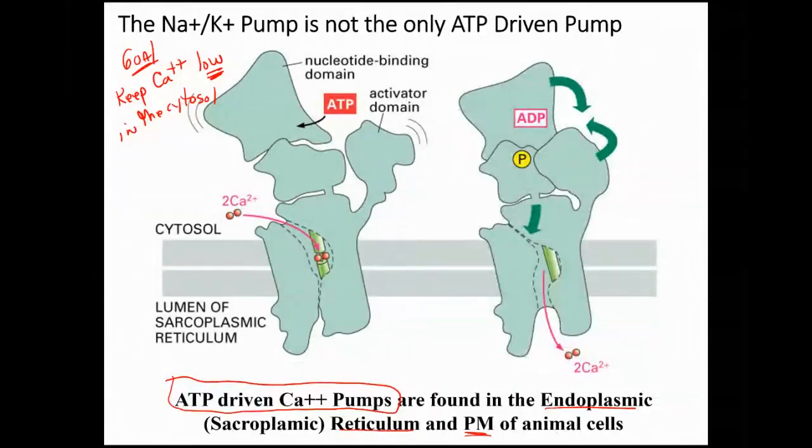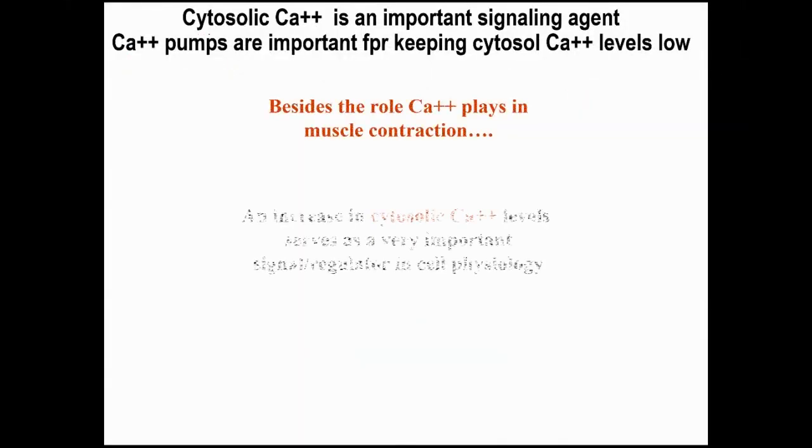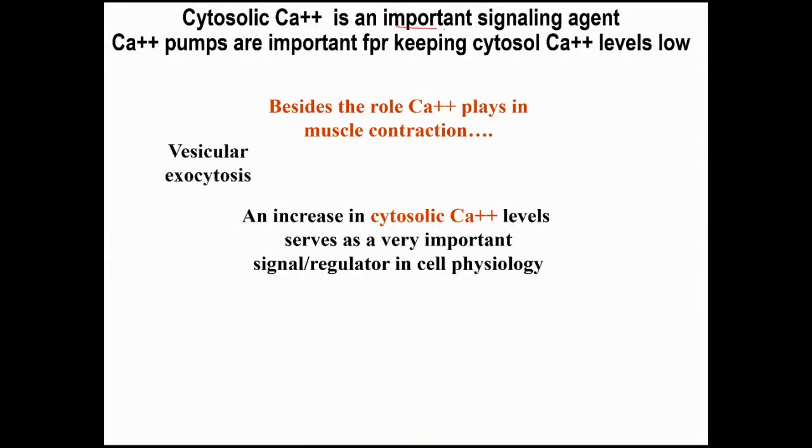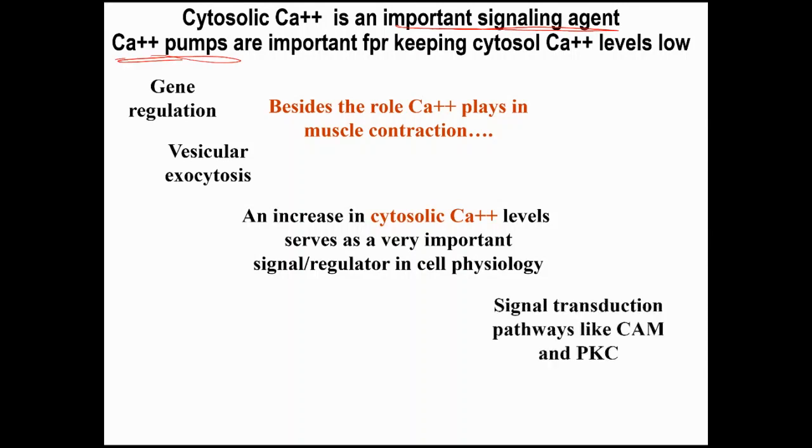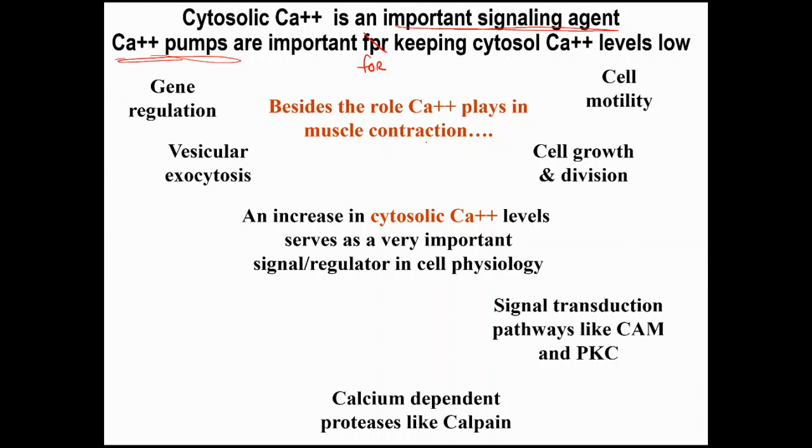So you could take a look at that. And let's just talk a little bit about cytosolic calcium being an important signaling agent. Calcium pumps are super important for keeping cytosolic calcium levels low. Besides the role calcium plays in muscle contraction, we know that increasing cytosolic calcium levels affects gene regulation, affects vesicular exocytosis, such as at the end of the axon of a neuron, and can influence cell growth and division.